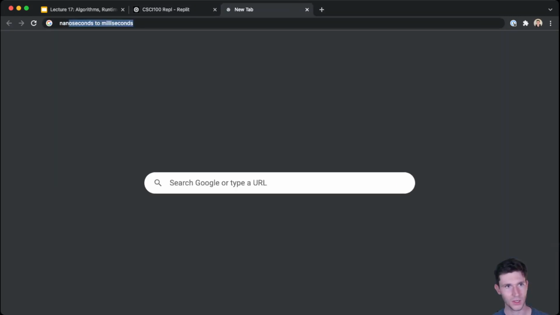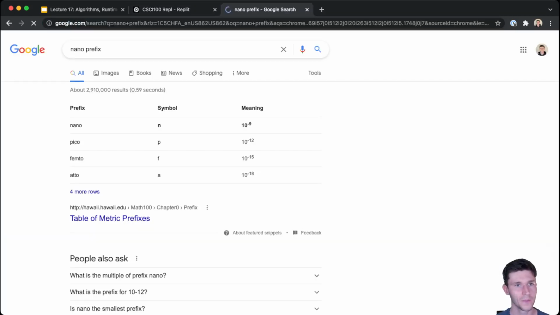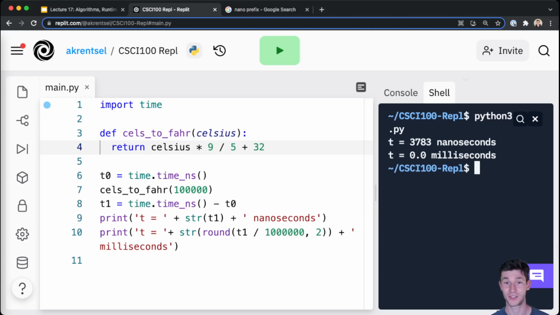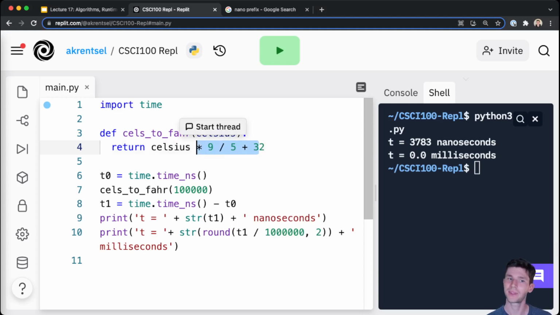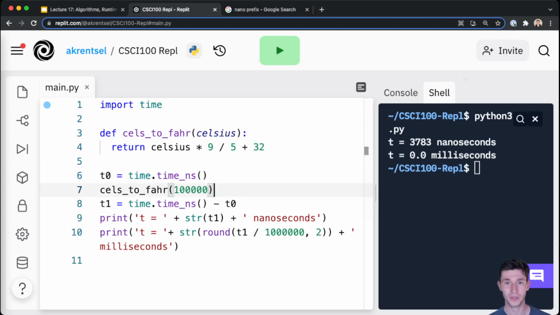Actually, the nano prefix, let's even look it up. Yeah, wow, so 10 to the minus 9. Running this one operation, these three operations here, multiply by 9, divide by 5, add 32, took less than 1/10 of a millisecond. It's crazy.